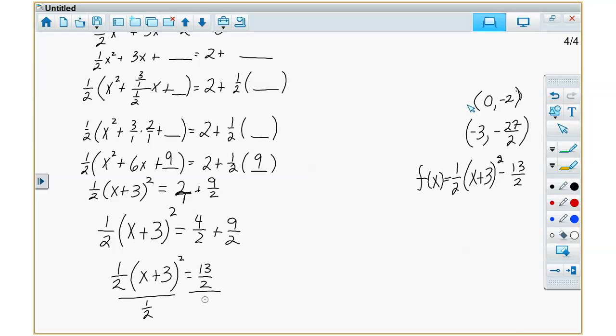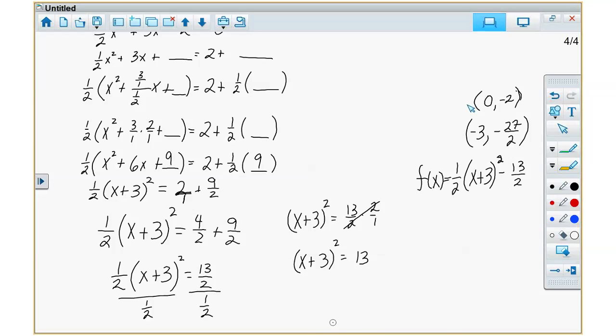Divide by 1/2. X plus 3, quantity squared, is equal to 13 over 2 times 2 over 1. And the 2's do what? Cancel. So X plus 3 squared is equal to 13.